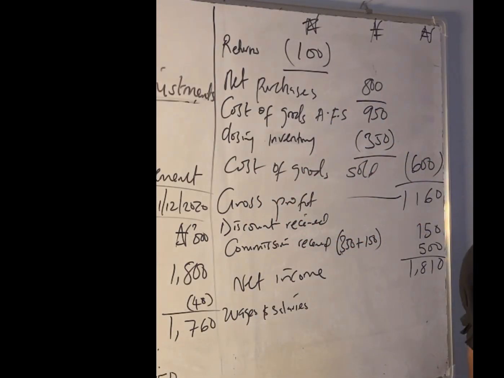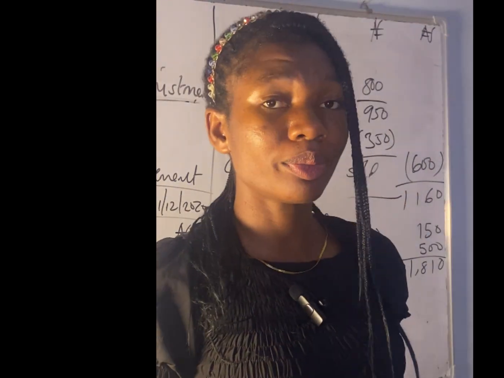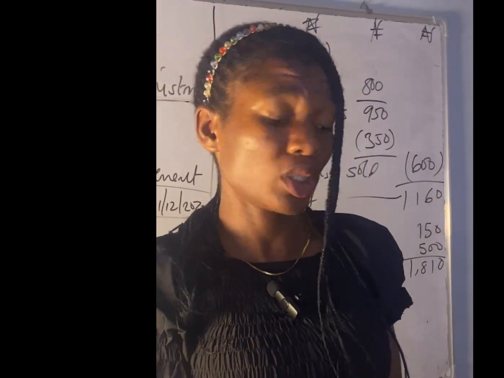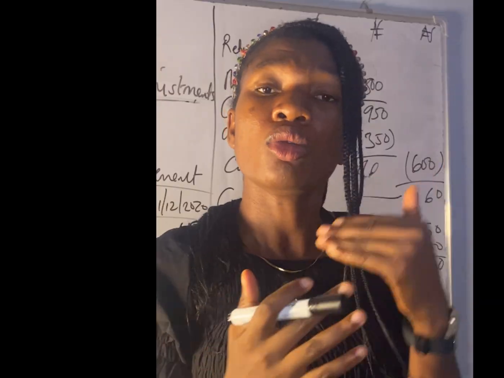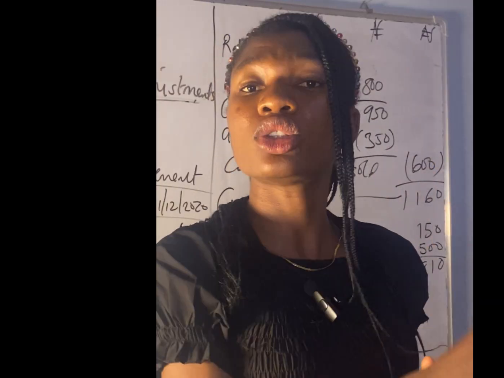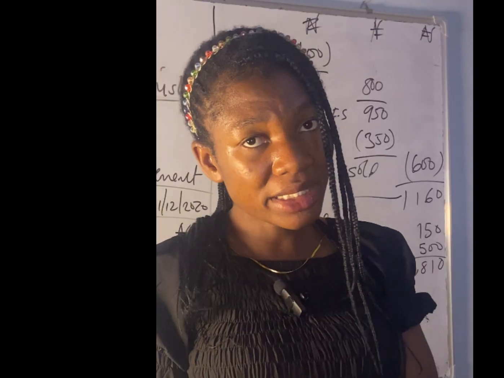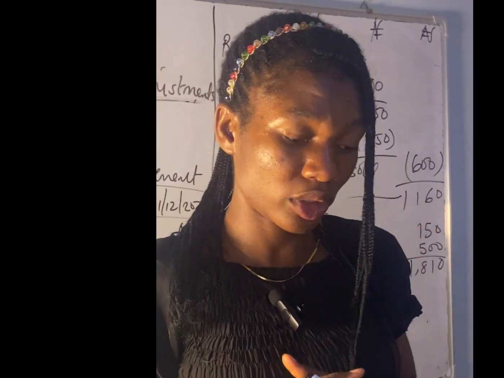For wages and salaries, we are also told that salary of 80,000 has not yet been paid. Even though it has not yet been paid, it is also an expense for the year. This is how we do accrued income and accrued expenses. Once the income is due but not yet paid, add it to the income that was paid. Once the expenses are due but you have not paid, add them to the expenses. So you have total expenses, both paid and unpaid, for the year.